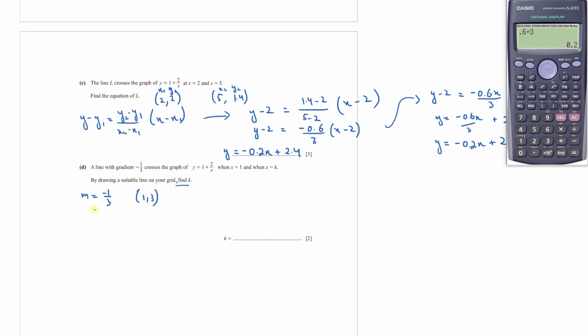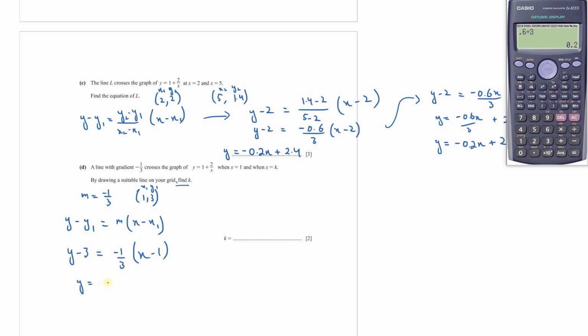So you can find the equation of this line easily, which is y minus y1 equals m into x minus x1. We can call these points x1 and y1 and then substitute the values. y minus 3 equals gradient minus 1 over 3 into x minus 1.